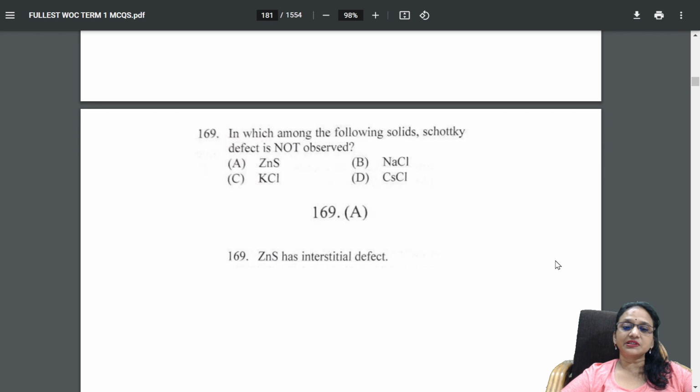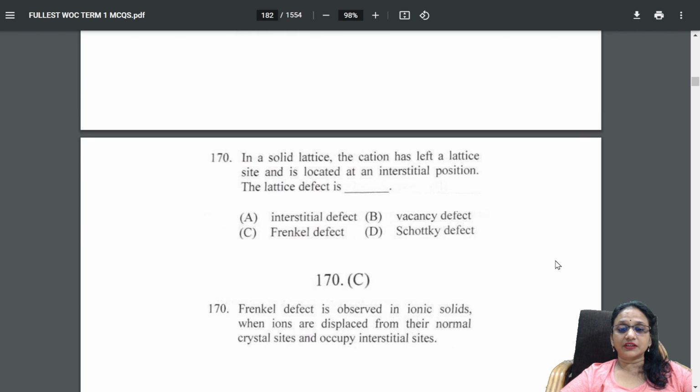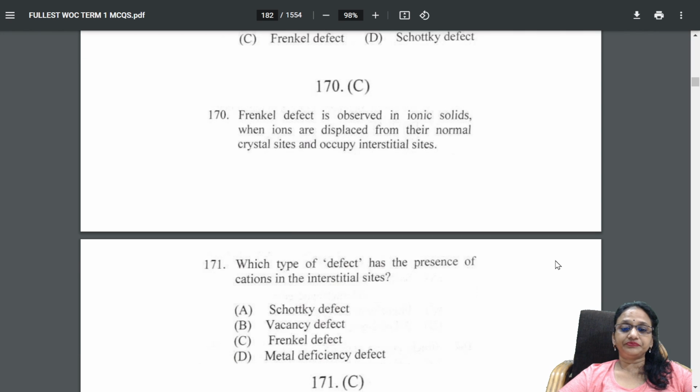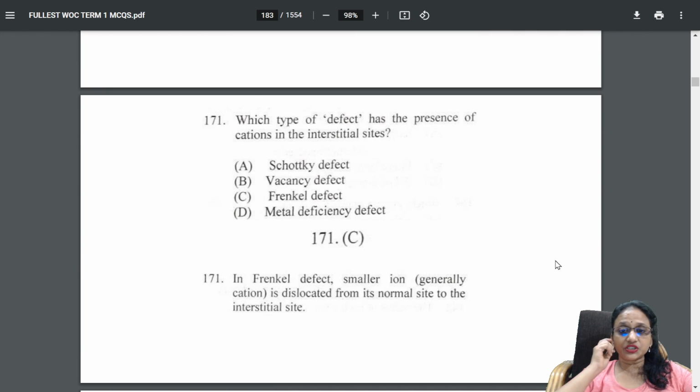Schottky defect examples are given like this, and they're asking you a question. Okay. Then, all right. This is how defects are also asked. Okay. Done. One more question. Question 171. Okay, which type of defect has the presence of cations in the interstitial sites?